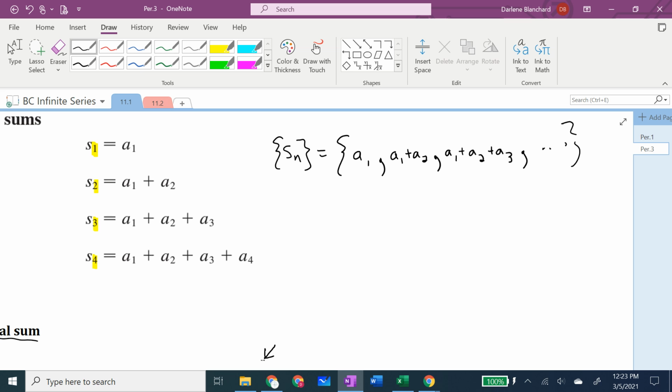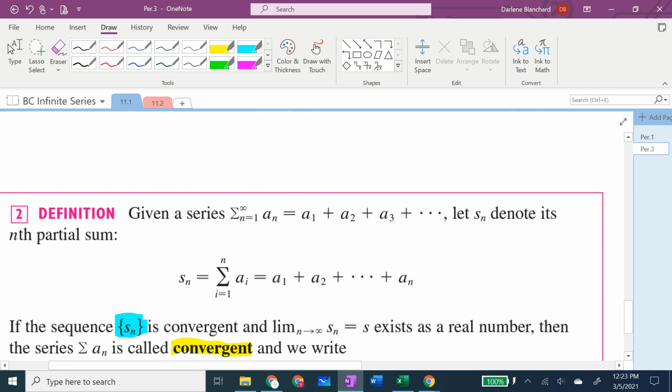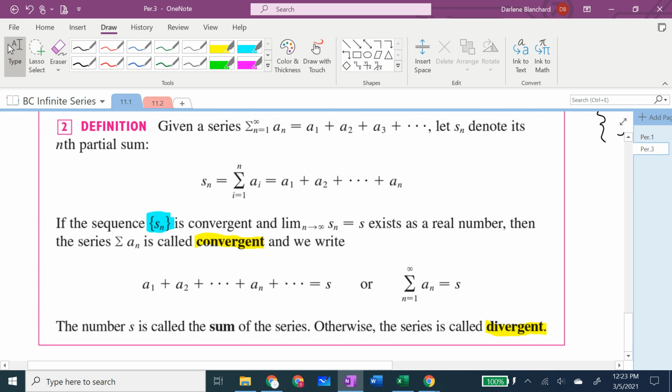Now, if you are, for some reason, able to have a formula for the nth partial sum, you are able to then look at the limit of that sequence.